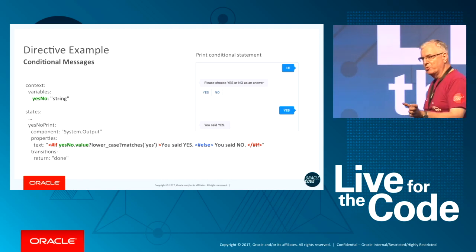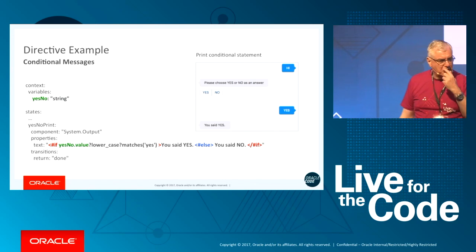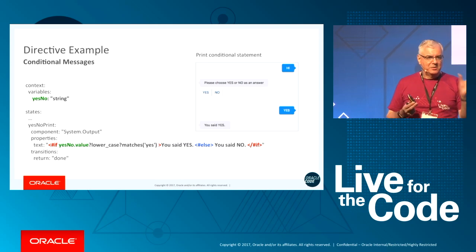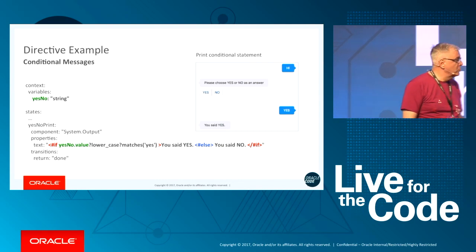If it's not true, then we print out you said no. So effectively what we have there is a Boolean if statement, by looking at the text and simply applying these functions to return Boolean true or false.